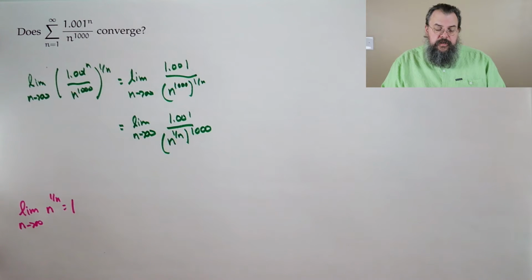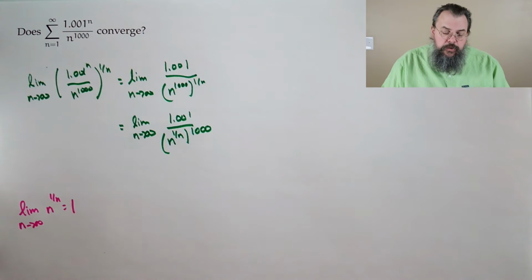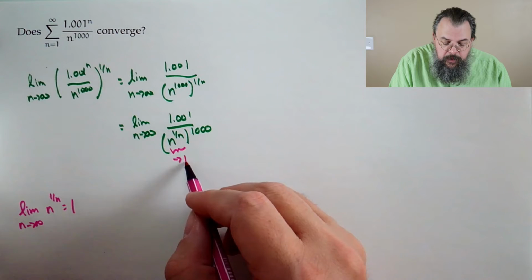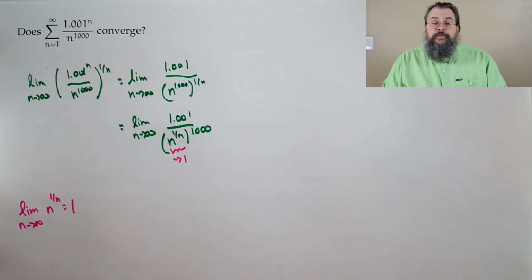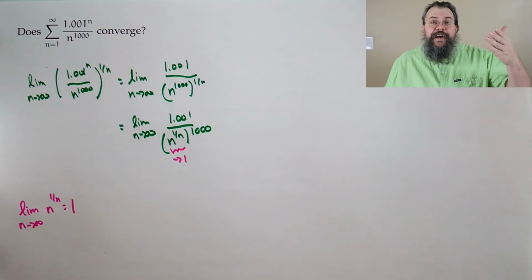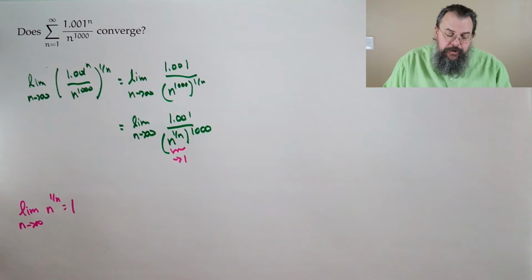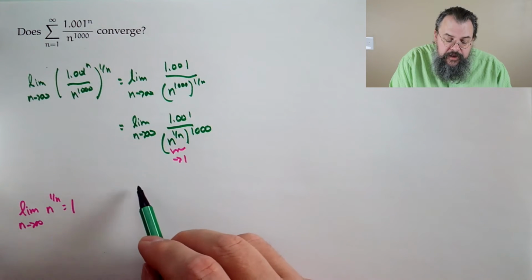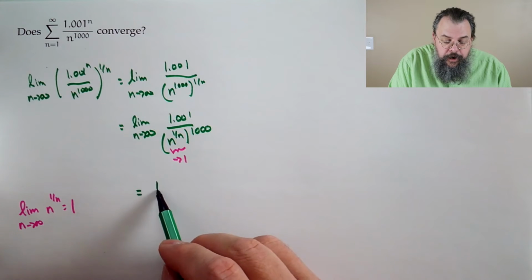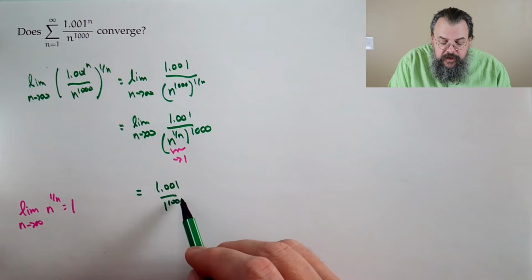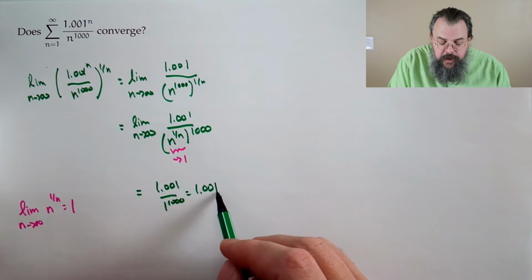So this part right here goes to 1. And of course, 1 to the 1,000 is 1. And therefore our limit is 1.001.